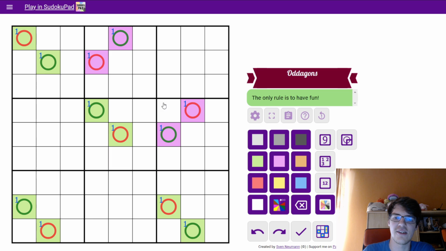Because we can just iteratively get there by flipping the patterns around. Okay, at least that's the way I find intuitive to think about this thing. Okay, so that's for this specific Oddagon pattern.